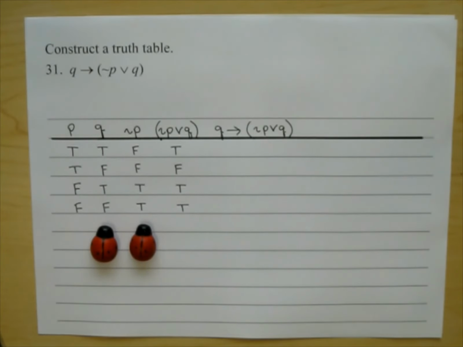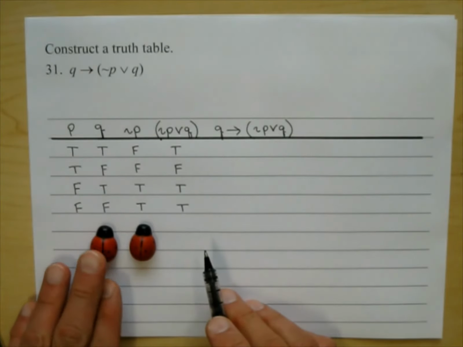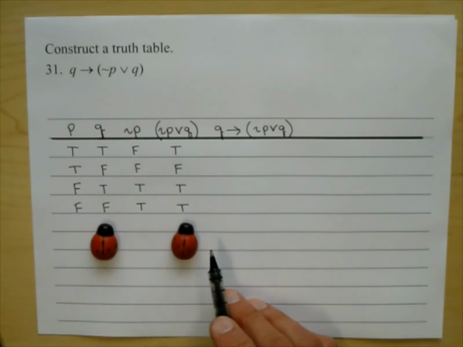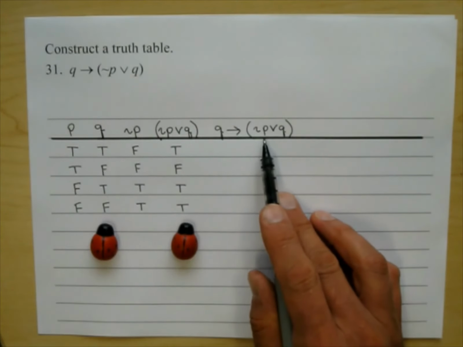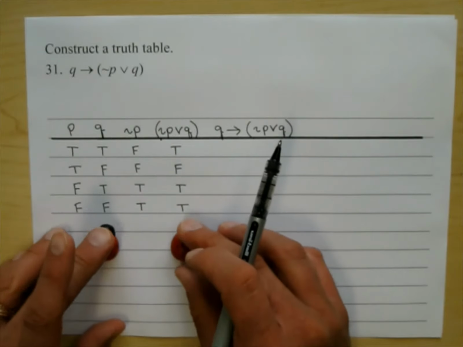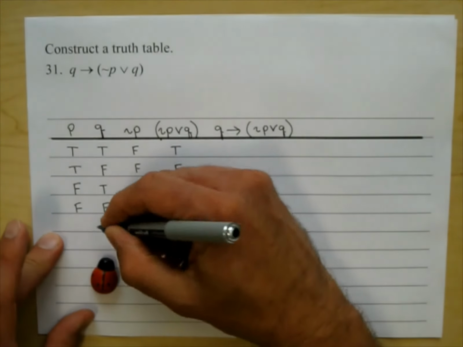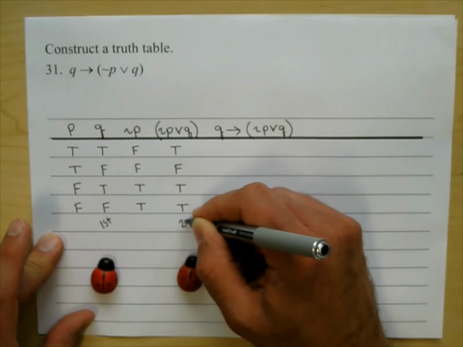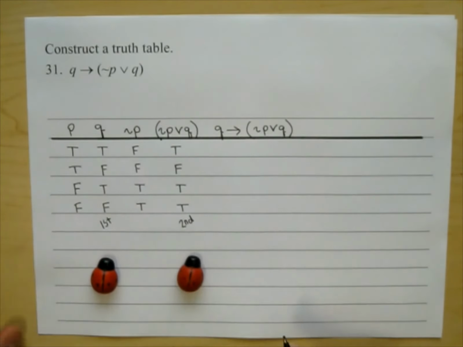Now what I'm going to do is say if Q, then the column I just created. If Q, then not P or Q. I've got to remember that this one goes first and this one goes second. It doesn't always work out that way, but it does on this one.